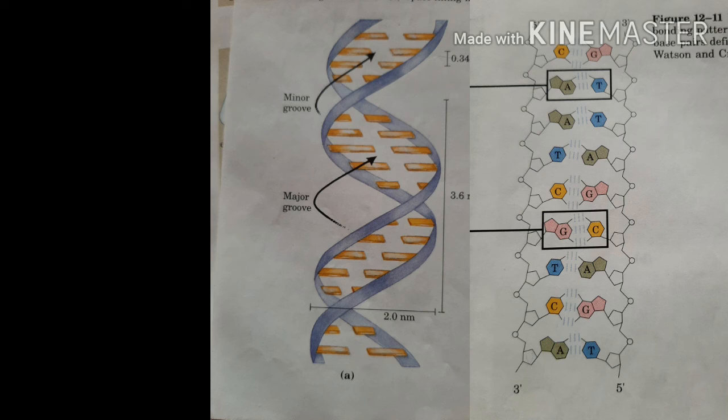Each turn of the spiral has a distance of 34 angstrom, and within this length, there are 10 deoxyribonucleotides in each chain. That means the average distance between adjacent deoxyribonucleotides is 3.4 angstrom.